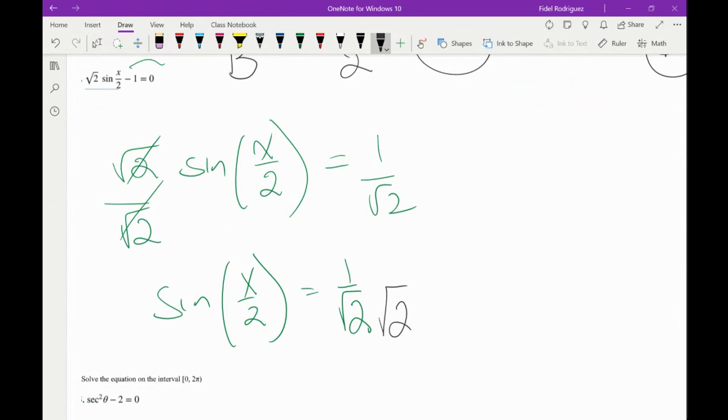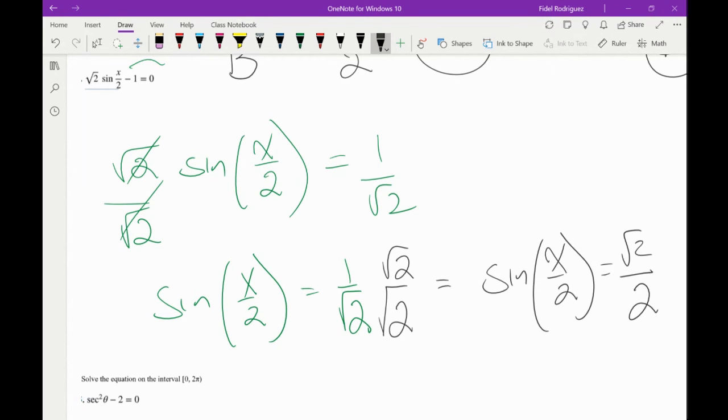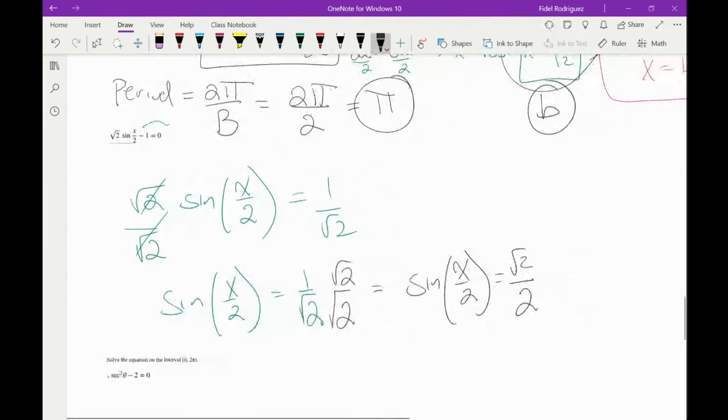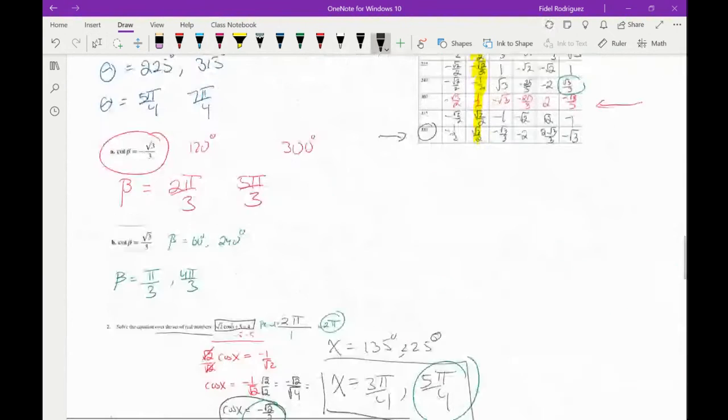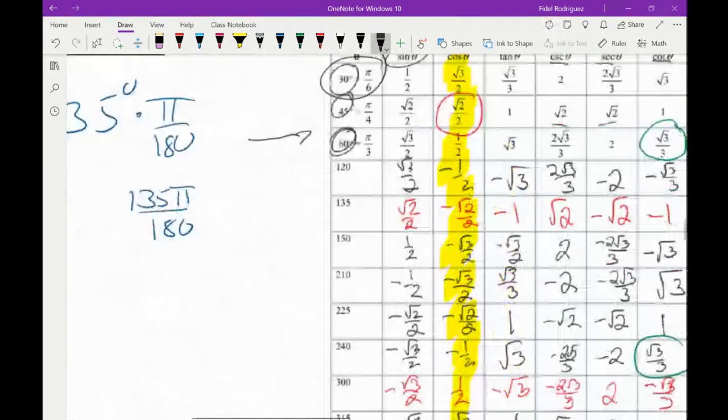Just like we did before, we're going to rationalize our denominator. Okay. So we end up with the sine of x over 2 is equal to the square root of 2 over 2. All right, just like we did before, I'm going to come back to my chart.